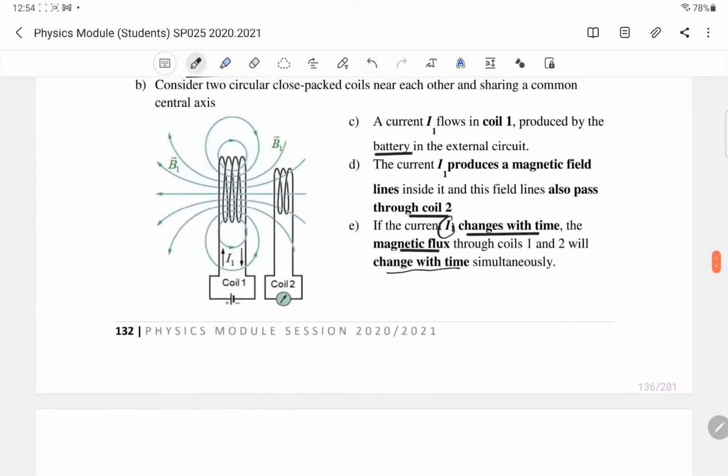Kat sini saja kita connectkan pada bateri, tapi akan dirasai juga pada coil number 2, di mana coil number 2 dia punya galvanometer will show deflection, meaning there is current in coil number 2 due to the changes of current in coil number 1.